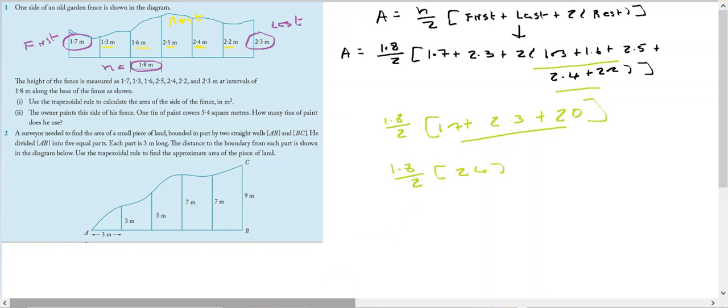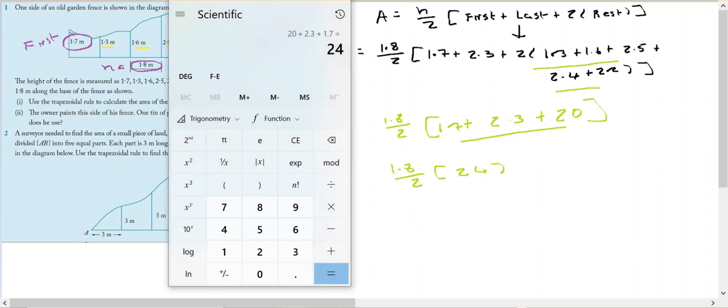What you can do then is turn this into a decimal. 1.8 divided by 2 equals 0.9, and then you multiply that by 24, which is equal to 21.6.